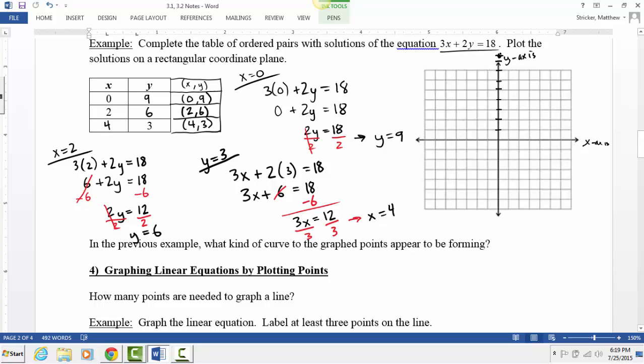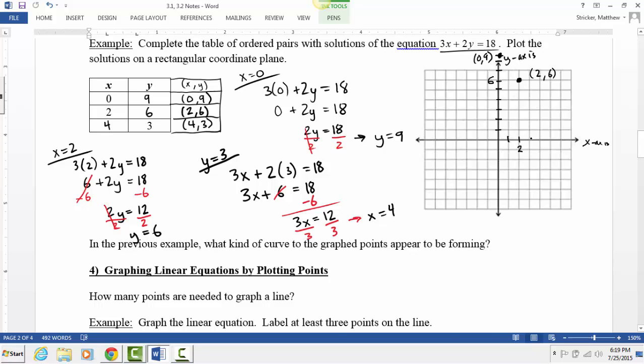We're way up here. It's the point (0, 9). Should have had a better set of axes here. Oh well. (2, 6). So x equals 2, y equals 6. 1, 2, 3, 4, 5, 6. Corresponds to that point. That's the point (2, 6).